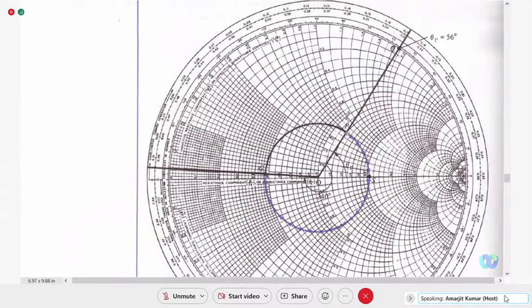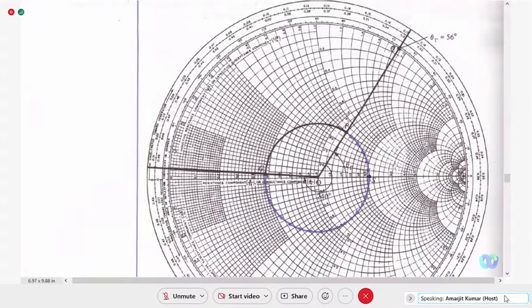So you know this is a unity radius, the outermost circle. So basically, what is the distance OP? Because all the impedances are normalized, what will be OP divided by OQ? Using a straight edge, you can calculate OP and you can calculate OQ also.